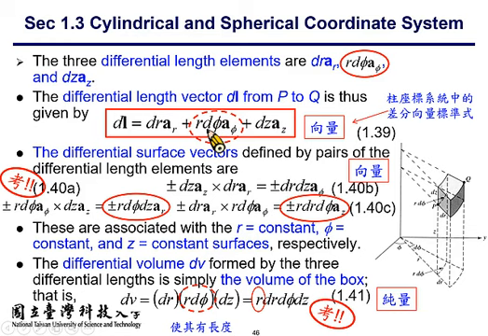So the normal vector is pointing to positive r direction or negative r direction. So that will be two curved surfaces on the outside and the inside.